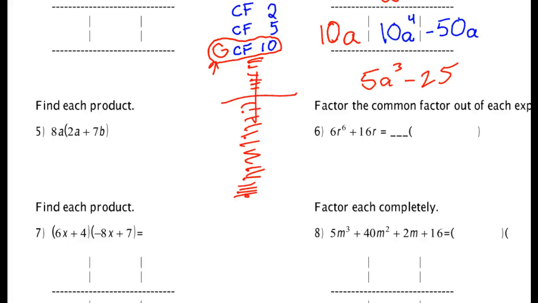You must talk. You must want to learn how to do it. Remember, factoring is on the inside.